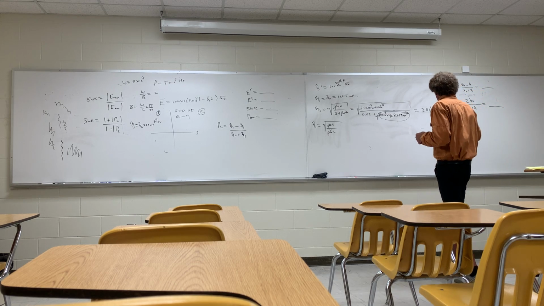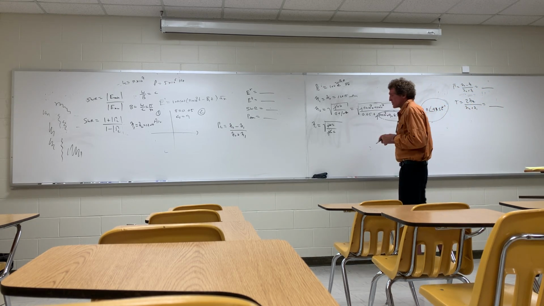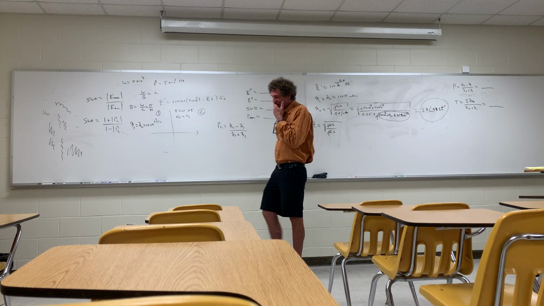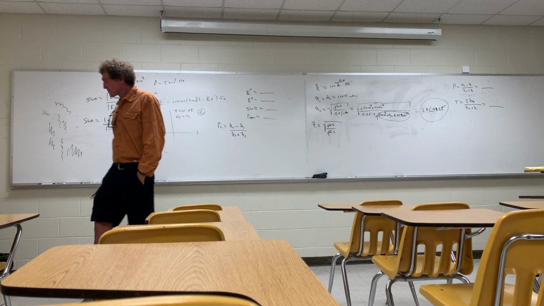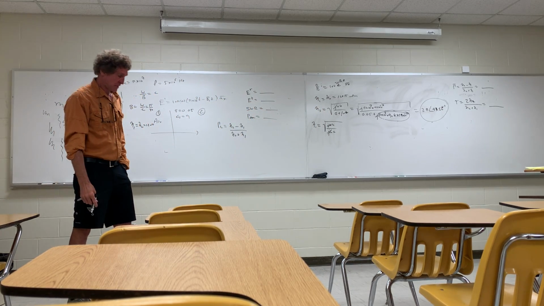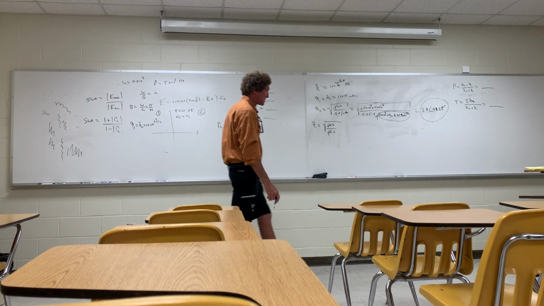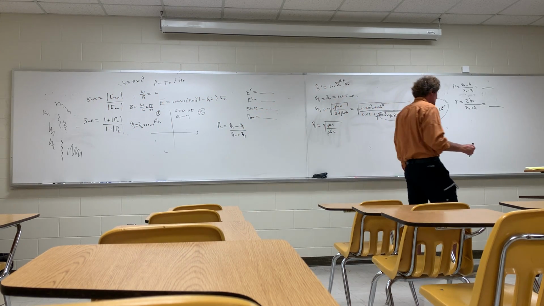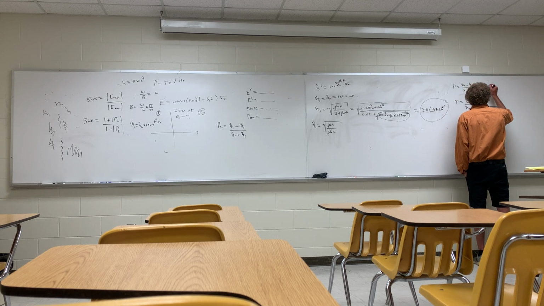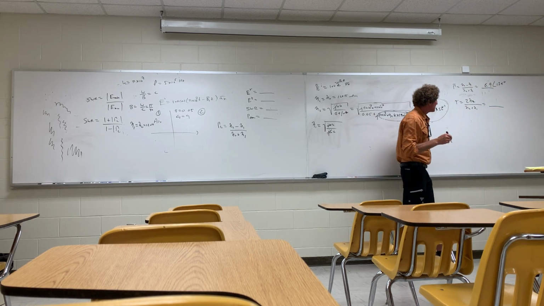Remember, this is eta 2, and eta 1 is just 125 to 377. Reflection coefficient is going to be 0.9 at an angle of 174. 0.9 at an angle of 174 degrees? Yes, sir. And what about the transmission?